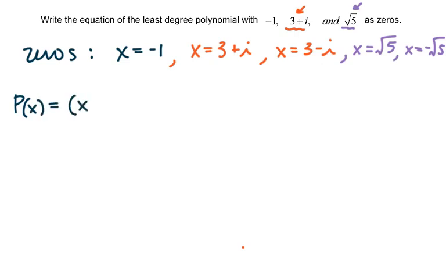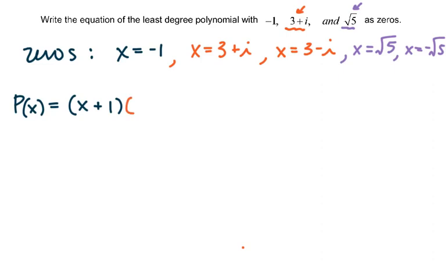And if I write this out using my factor theorem, so if I know a zero, I know a factor is going to be x minus that value. So x minus -1 is actually x plus 1.